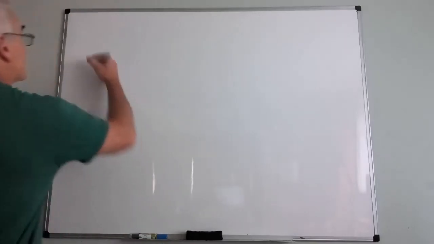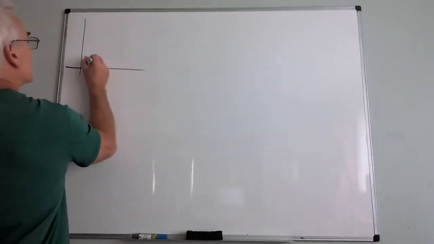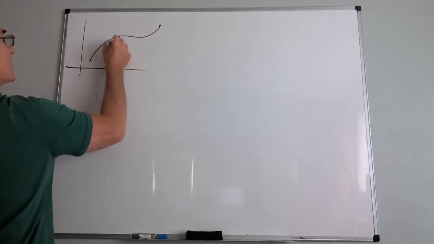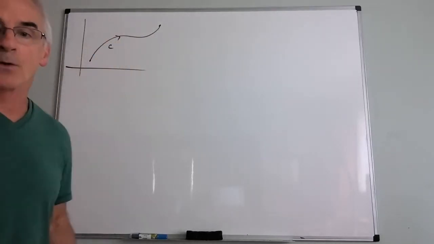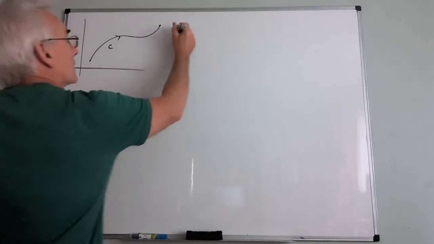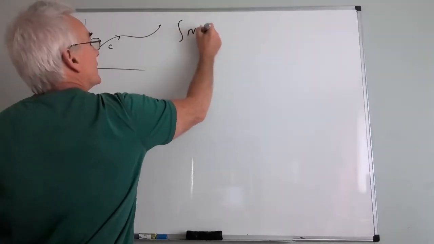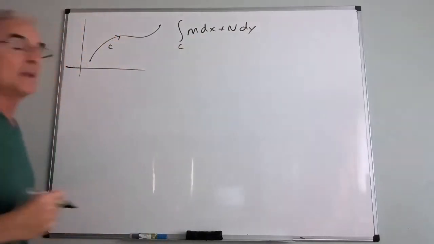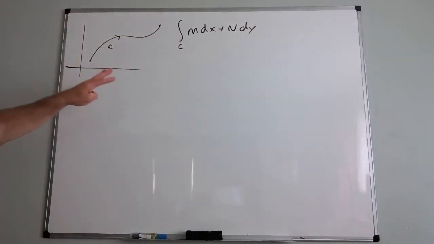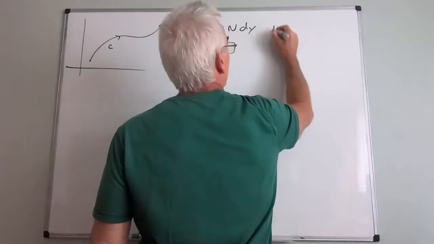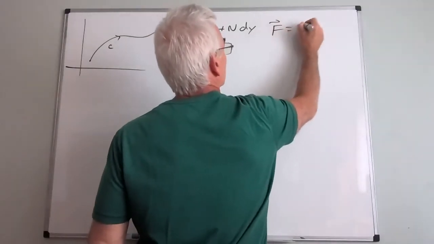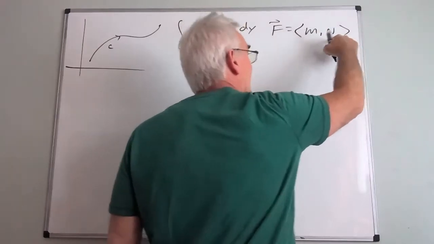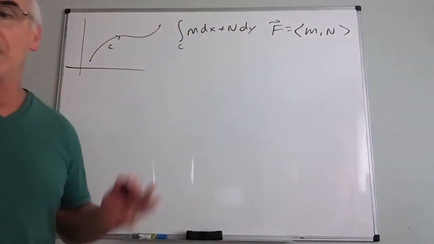So if I have a simple situation here, I have a simple line integral from point A to point B. Here's my curve. And I want to do the integration, M dx plus N dy over this curve. Now, this means that I know that my force vector is M, N. And again, that's M of x, y, N of x, y. It's 2-dimensional. Life is good.